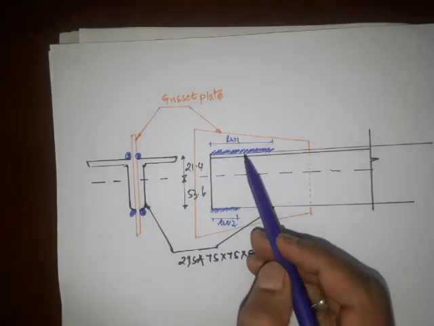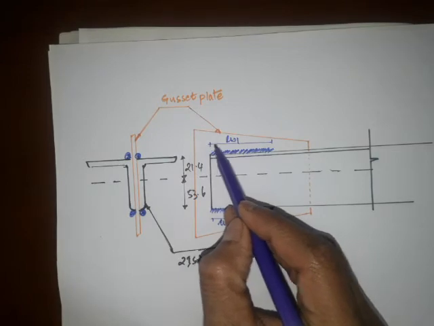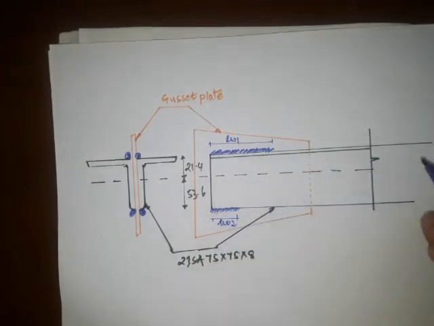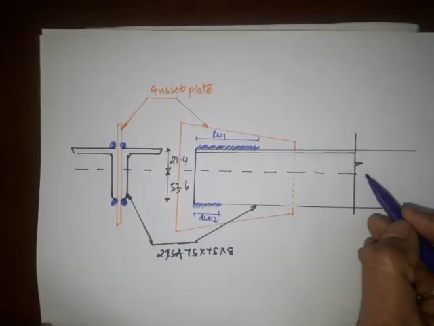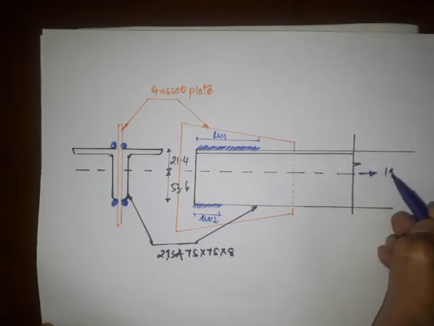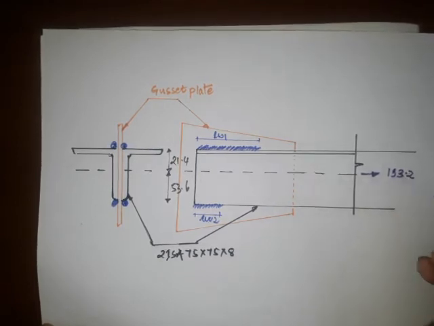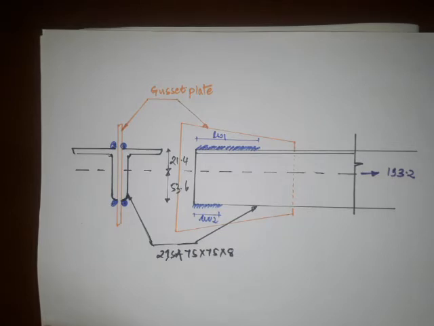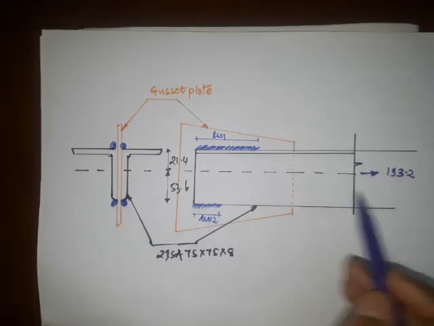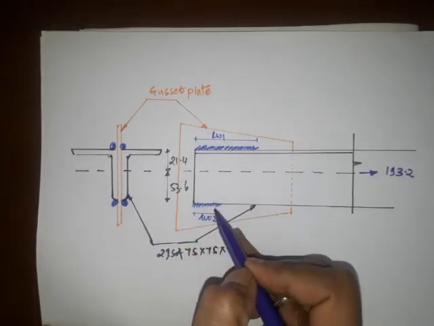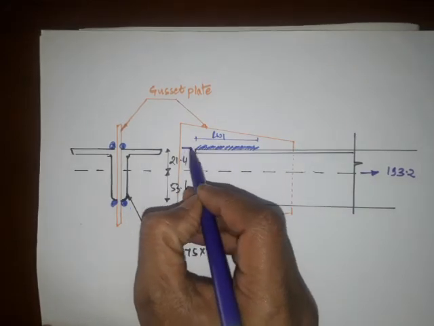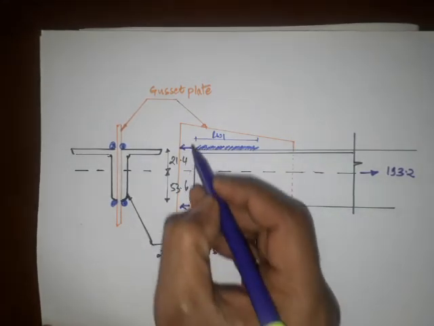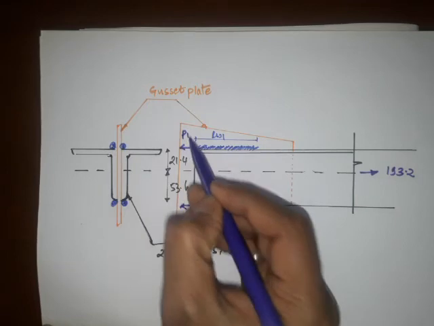Our aim is to find out what LW1 and LW2 are, and the force acting over this member is 193.2 kilonewton. To resist that we have to design LW1 and LW2. So this will be P1 and P2.